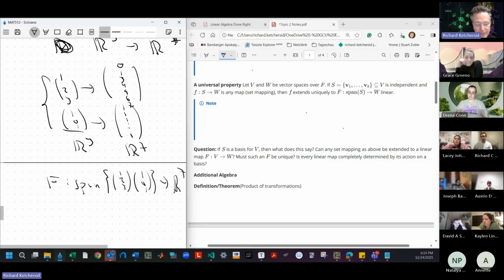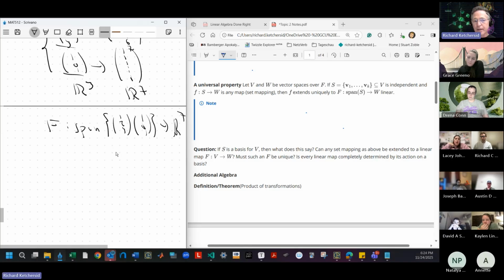I just need to tell you where to send these two vectors, and the rest of the linear map's determined for free. And it's completely unique. There's only one unique map that does that. So turning things around, it says that any linear map is also completely determined by what it does to a basis, any basis.